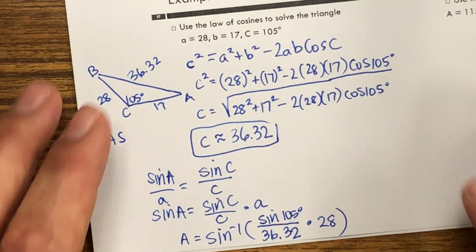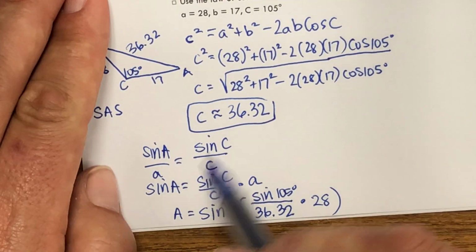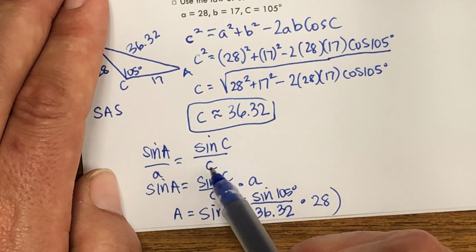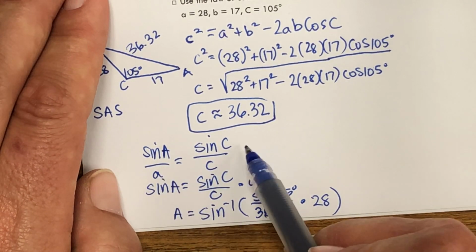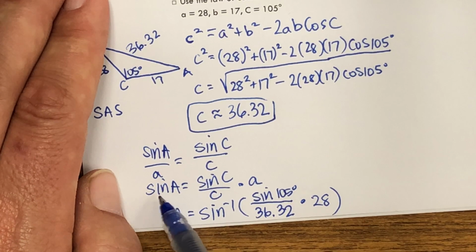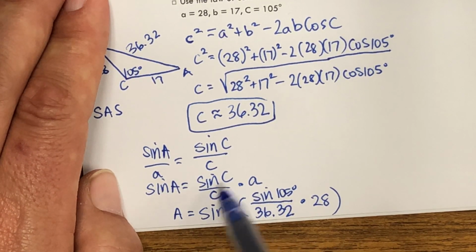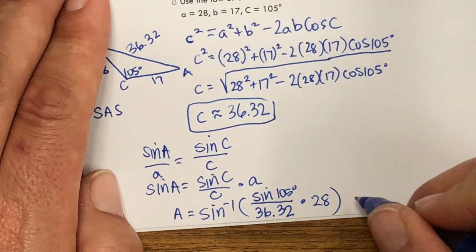Woo! Okay, now I'm going to double check everything I just did. So A over A, C over C, this is what I know, and I know A. I'm going to multiply it up and over, and now I don't want sine A, I want angle A.